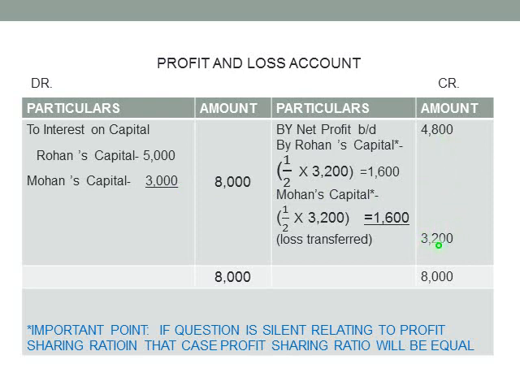Then there is a loss of 3,200, which will be divided in the ratio of their profit sharing, because the profit sharing ratio is not given. So if the profit sharing ratio is not given in the numerical, we assume it as equal. So this 3,200 will be divided equally between these two partners.